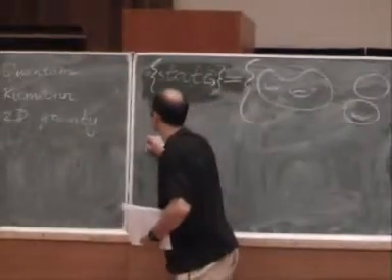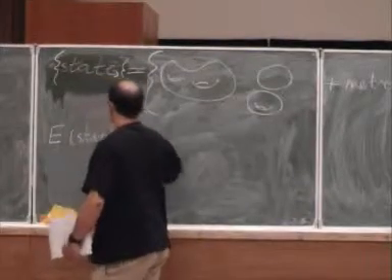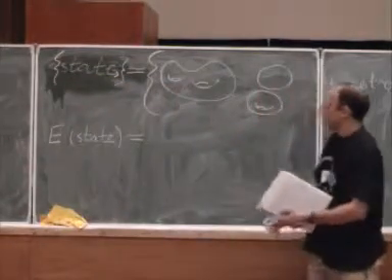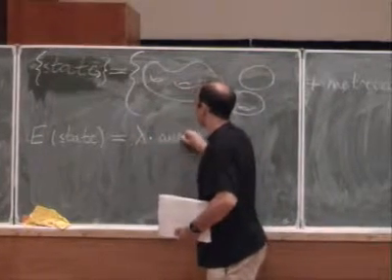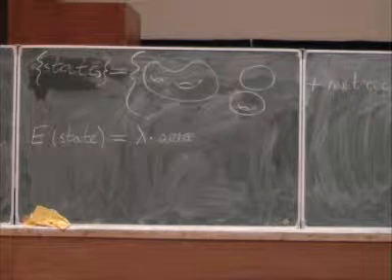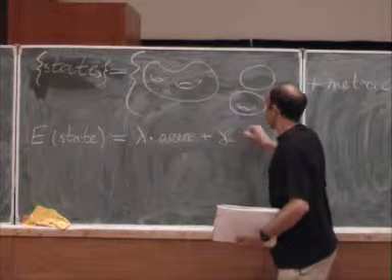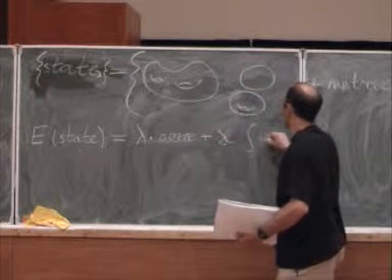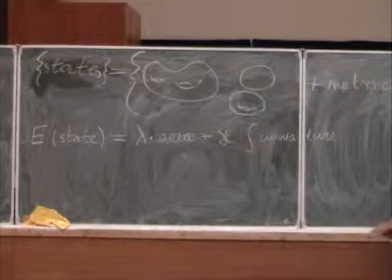And then the energy of a state is given by lambda times the area of the surface. So if you have a surface with a metric, you can compute its area, plus kappa times the integral of the curvature of the metric.